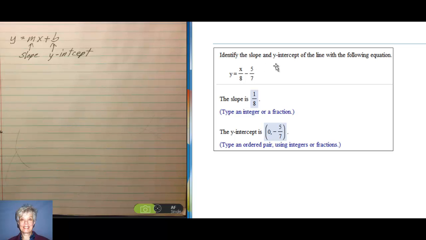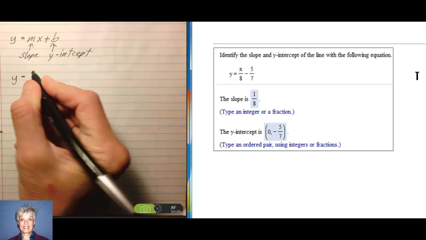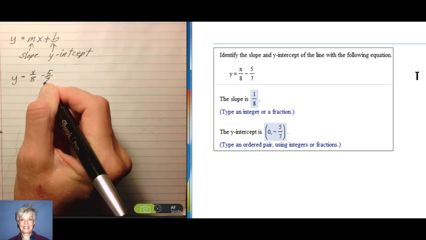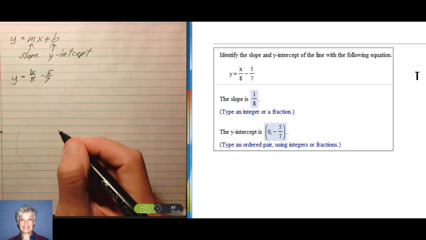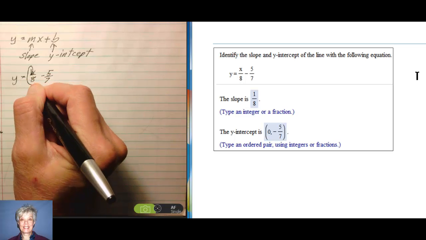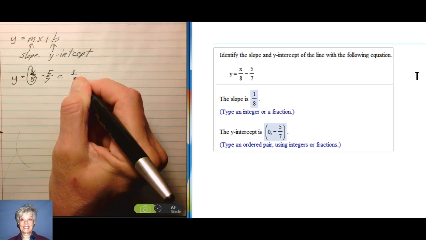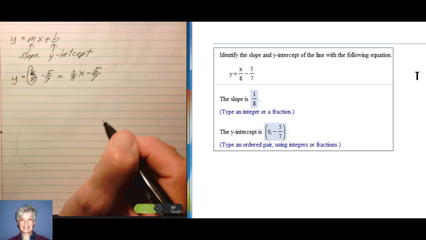Here we're going to identify the slope and the y-intercept of the line. Well, did you know that y equals x over 8 minus 5/7 can also be written with a 1 in front of the x, and in fact, once you have a 1 in front of the x, you can take the 1 and the 8 and turn it into a fraction, put it in front of the x so that you have 1/8 x minus 5/7.